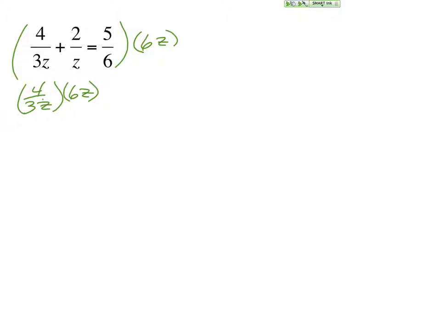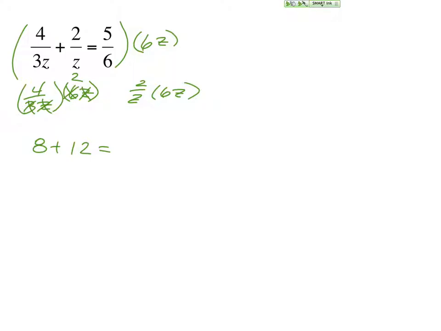The z's cancel, and the 3 and the 6 reduce to 2, so I end up with just 8. On the next one, I've got 2 over z times 6z. The z's cancel, that leaves me with 2 times 6, so I get 12 there.